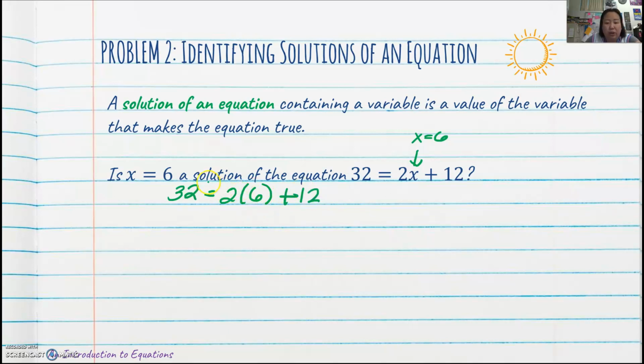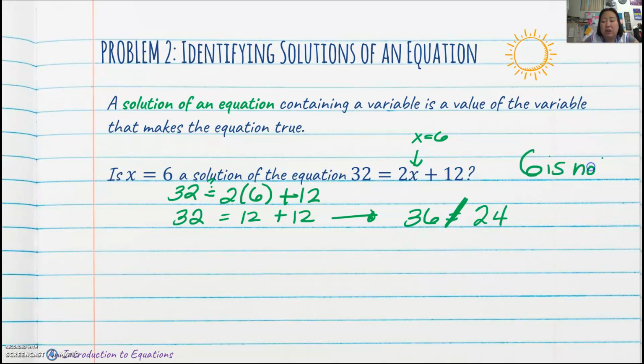Will they be equal to each other? This will be 32 is equal to 12 plus 12. As you can see, it will become 32 is equal to 24, and definitely it is not equal. Therefore, 6 is not a solution. So remember, you just need to place the value into the equation.